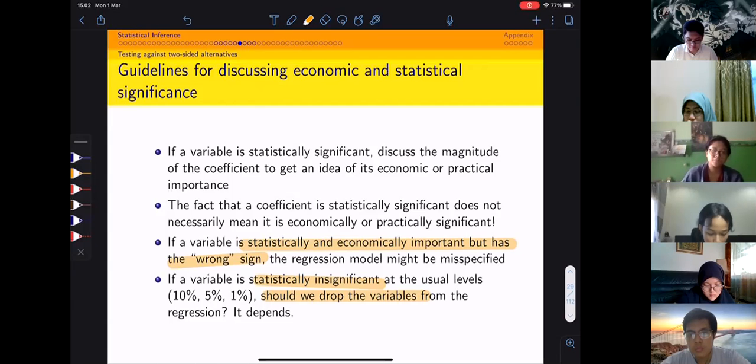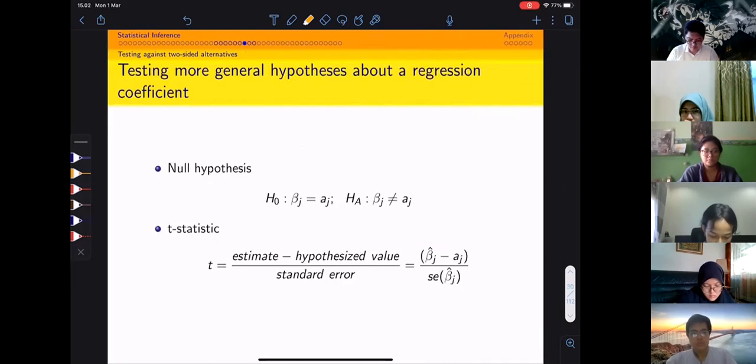If you drop it, then you may be facing an issue of omitted variable bias. So that's going to be the key. Okay. Any question before I move to the next phase of discussion?